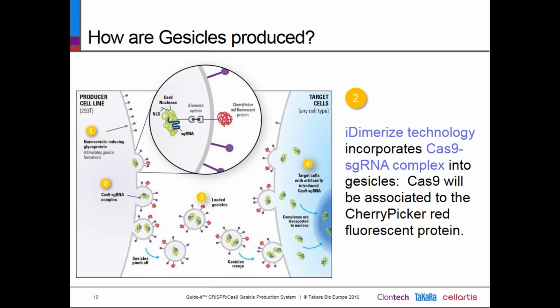This is used to enrich Cas9 at the membrane and in the Gesicles, because without this, the Cas9, due to the NLS, would go into the nucleus and would not be enriched in the Gesicles.